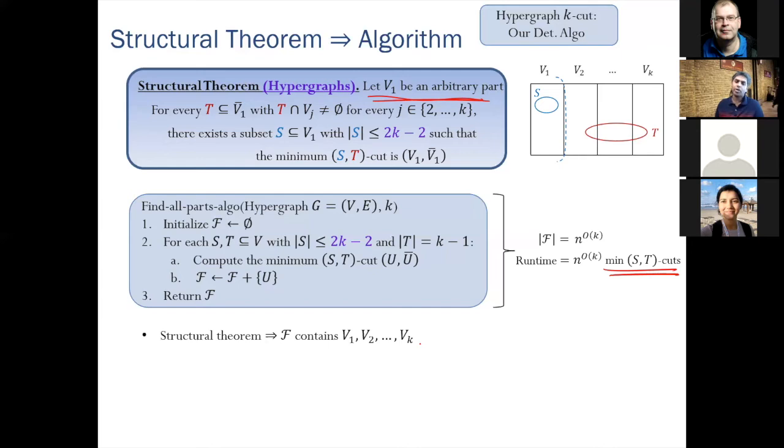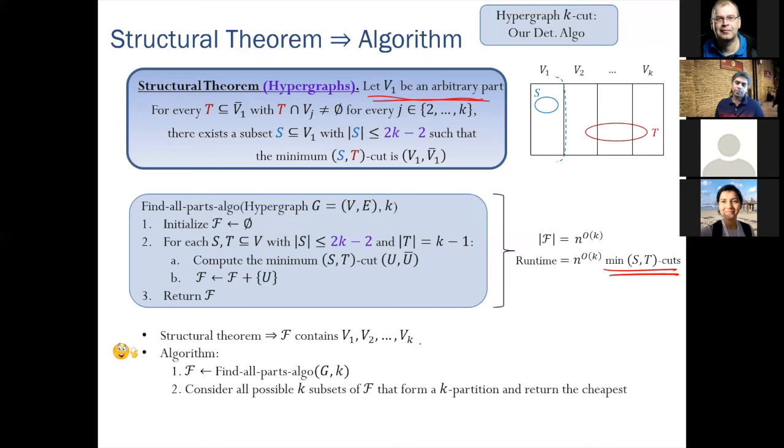So you don't have to recurse like Goldschmidt and Hochbaum. Here is the simple algorithm. Use this procedure to find the family F, consider all possible K subsets of the family F that form a K partition, and return the cheapest. The correctness of the algorithm follows from the fact that the family F contains all parts of the optimum K partition.